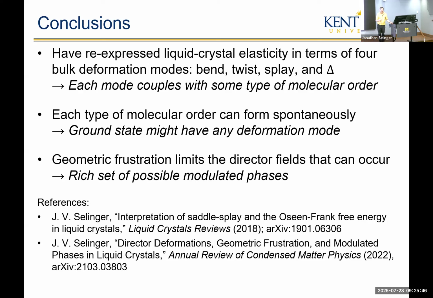Please. Yeah, you mentioned these deformations in bend, and that they can couple with twist or splay to form these twist-bend and splay-bend phases. But I know you can also couple the bend and the twist to make these double twist type cylinders in these bent-core liquid crystal structures.